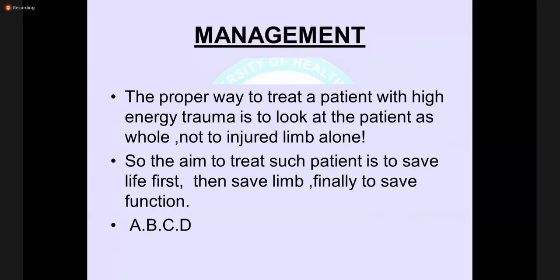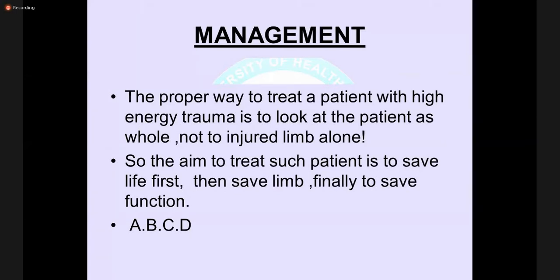The proper way to treat fractures of the lower limb is a holistic approach to the patient. Examine the patient from top to bottom, not only the involved lower limb. The aim is to treat the patient as a whole: to save the life, next the limb, and next the function of the limb.